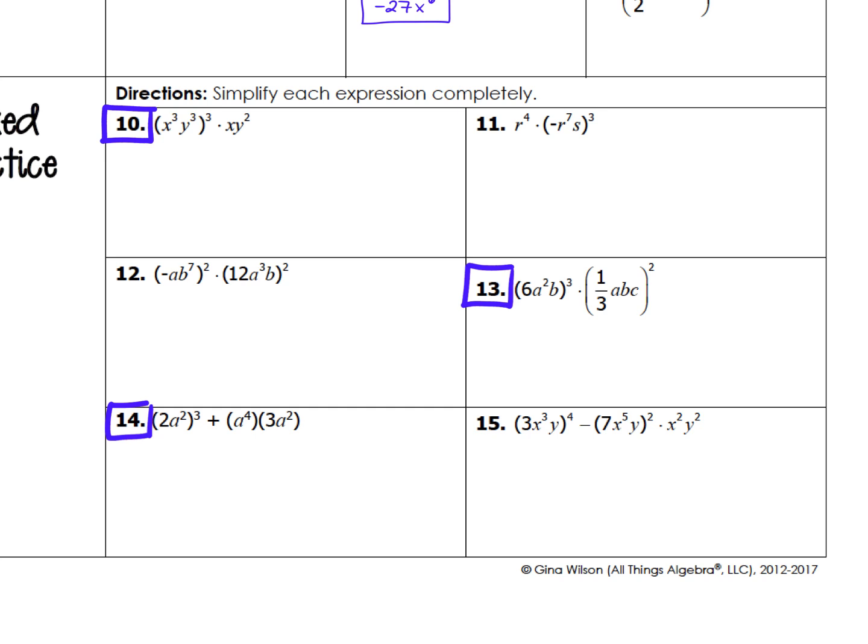Who's done with all three of them? Keep going.